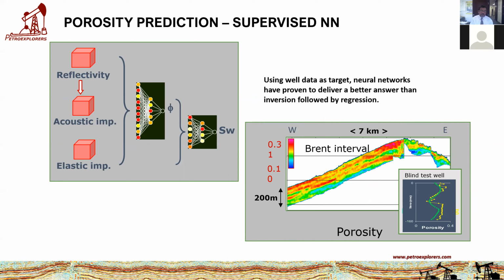So then you can take that probability and convert it, because you have the uncertainty as a part of the neural network inversion based on log prediction. There is a blind test well with the porosity, and this is the porosity it is trying to predict based on the band limited seismic inversion.